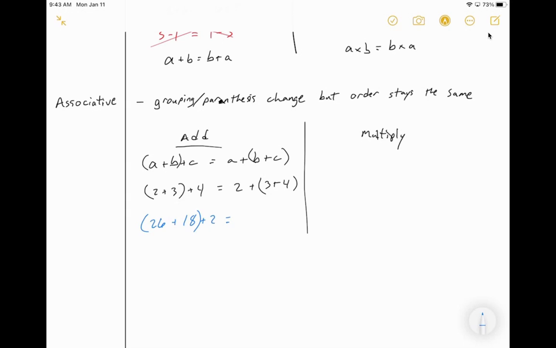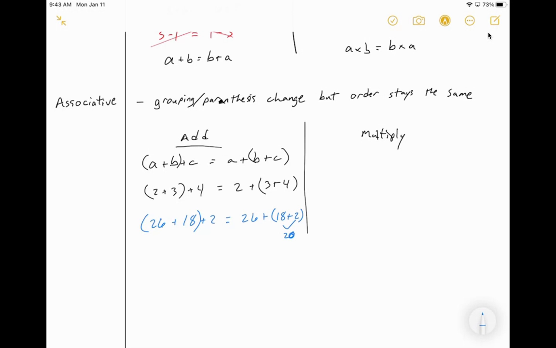You guys see that? 26 plus 18, I have to think about it and carry it. It's not too hard, but it's a little bit more work. Instead, I'd rather do it like this: 26 plus, because this makes 20. Makes it nice and easy. Does that make sense? That's why I would change the parentheses, change the grouping.